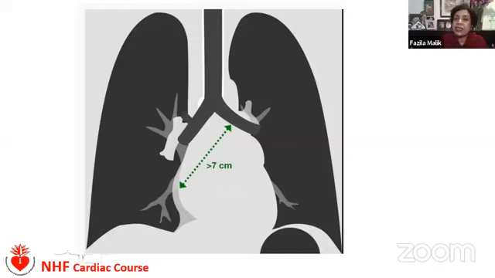And one way of understanding this is by measuring the oblique length of the left atrium from its right border to the left main bronchus. If this is larger than 7 centimeters, then it indicates that the left atrium is dilated.